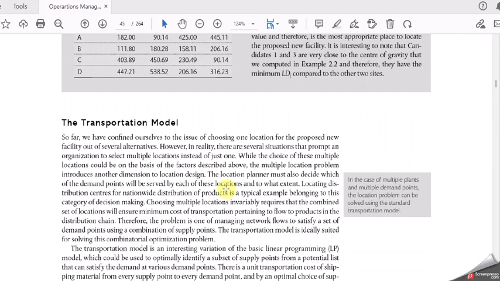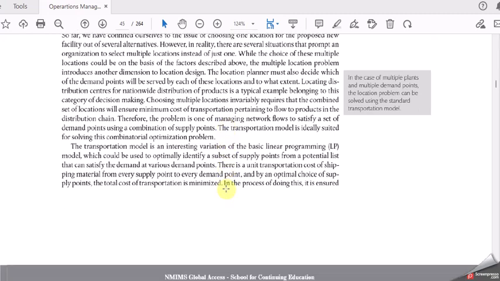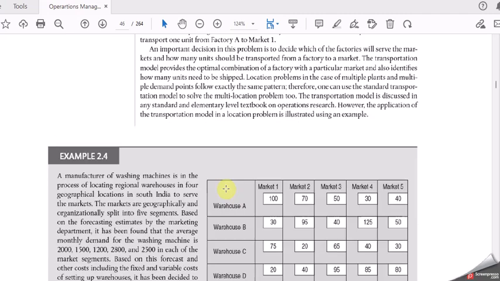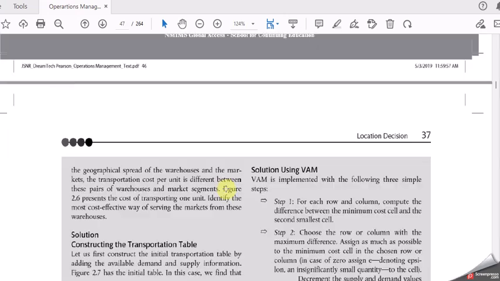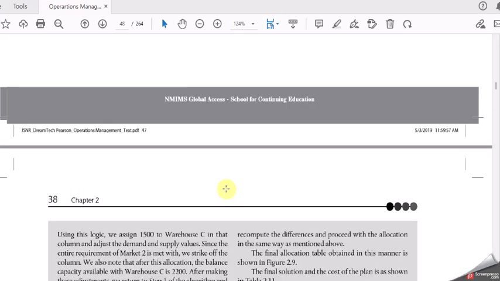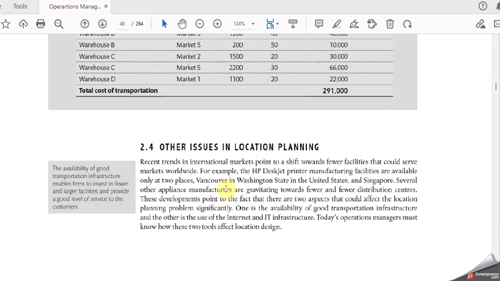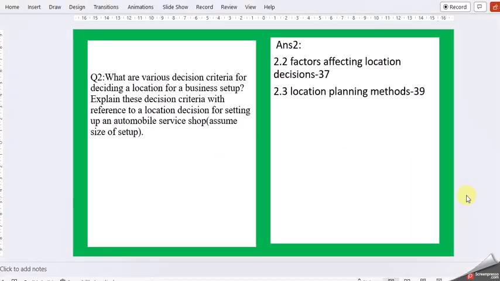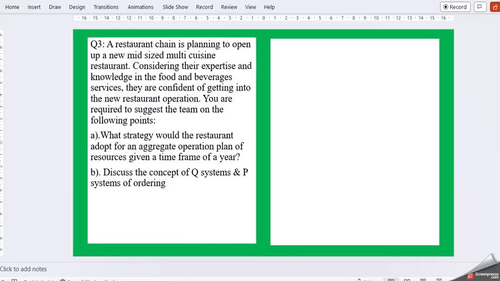These are add-ons for you to understand the factors that have to be considered while selecting a location when you start a business.